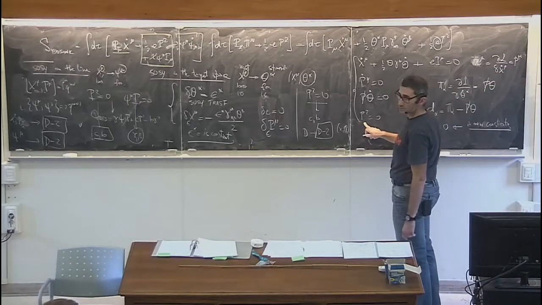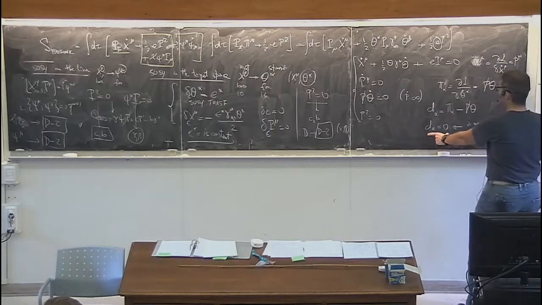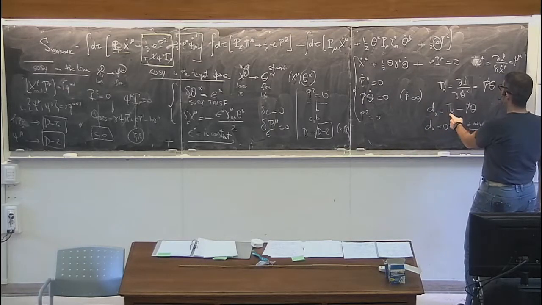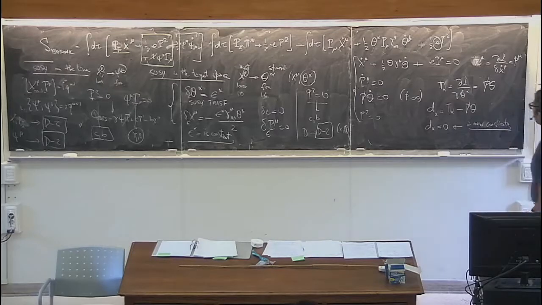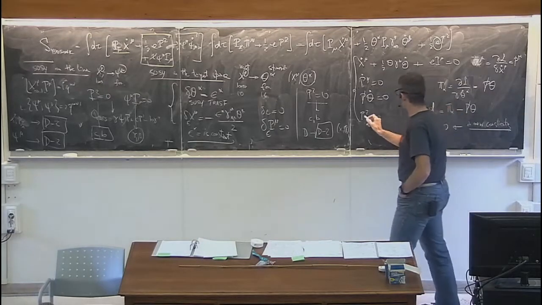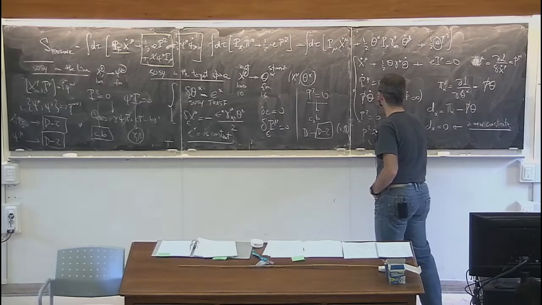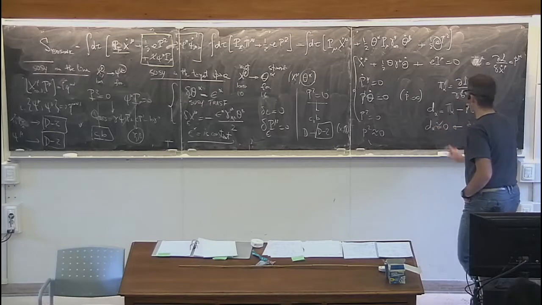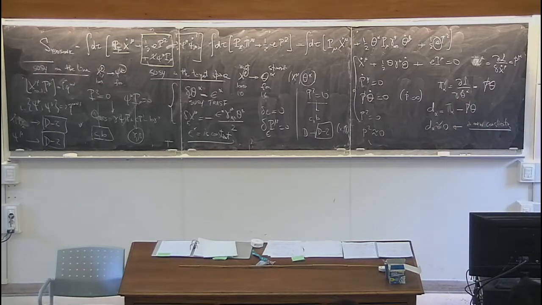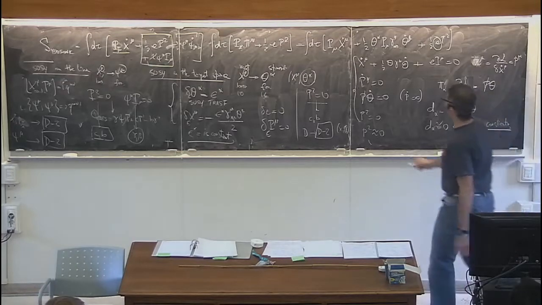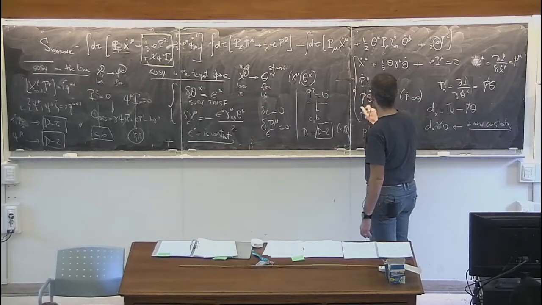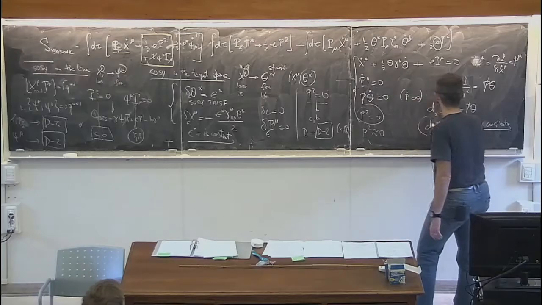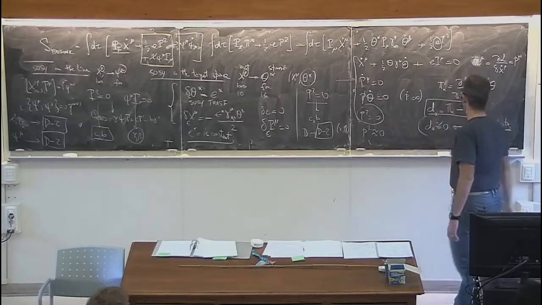One is p squared equal to 0, and the other constraint is D_α equal to 0, where π is just the conjugate momentum of θ. Usually people write down the equation for the constraint in this way. That means that on the phase space you impose this constraint. So these are the dynamical equations, and these are the two constraints equal to 0.